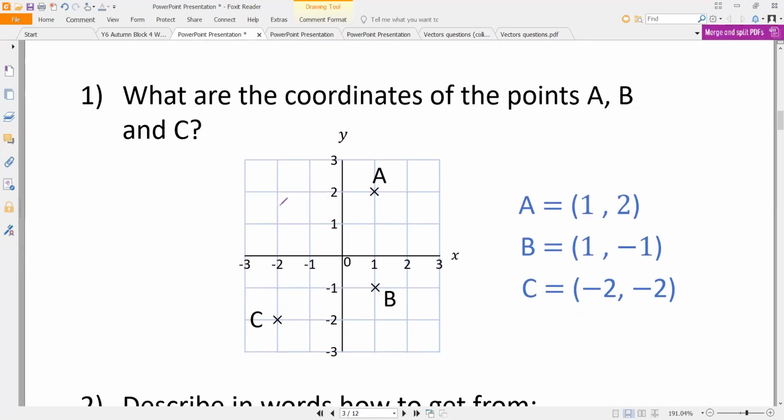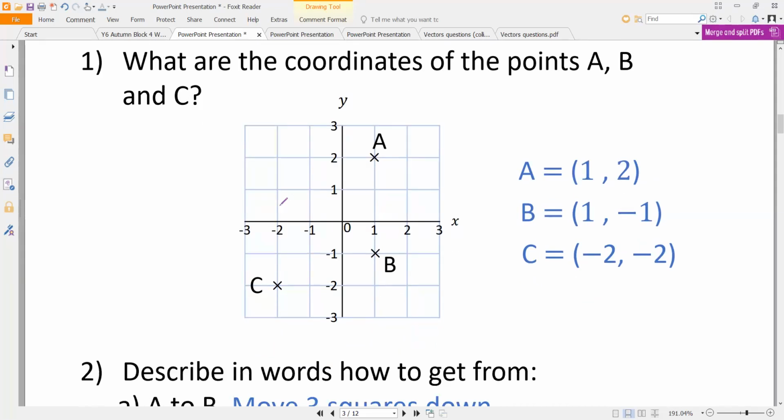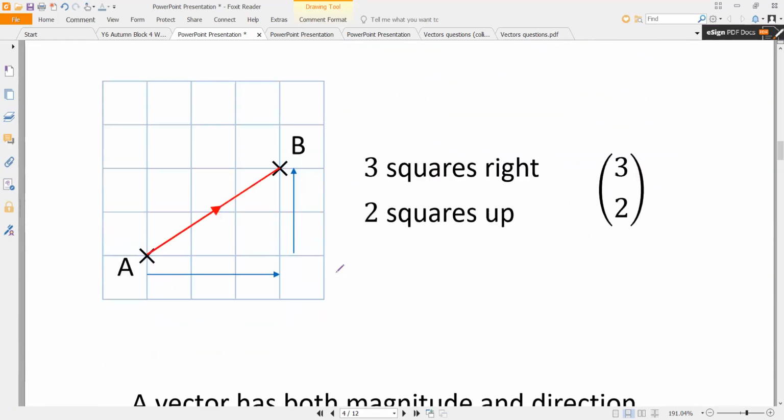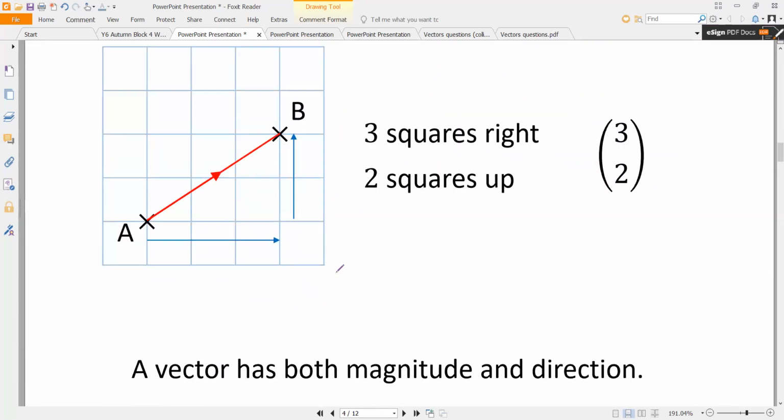The coordinates, like I've written in the first place, you have 1, 2, 1, -1, -2, -2, and then, so you see, from A to B, the move that was made is 3 squares down, that's all. From B to C, move 3 squares left, and then 1 square down. Then move 3 squares right and 4 squares up. Pretty simple. The vector has both magnitude and direction, like I said from the beginning.